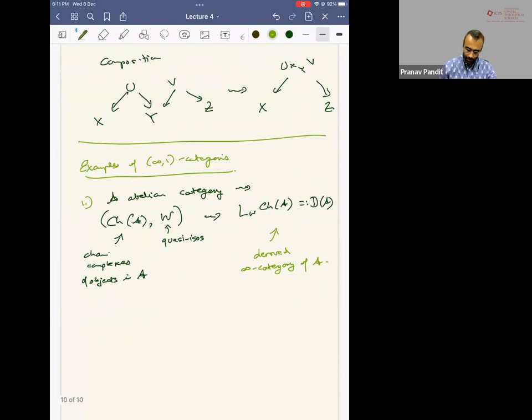So sub-examples would be, you could take A equal to R modules, R some ring, and this gives rise to the derived category of R. And this is called the derived category of R modules.